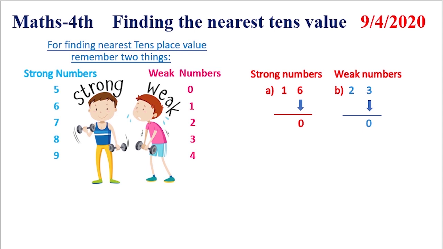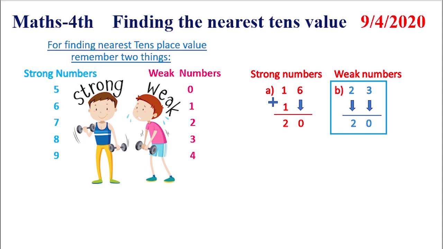Now for the second step, let's check the ones place number. Is it a strong number? In number 16, yes, it is a strong number. So we need to add one digit in the tens place number. So 1 plus 1, 2. Now let's solve the weak number. In number 23, the digit 3 is on the ones place and it's a weak number.